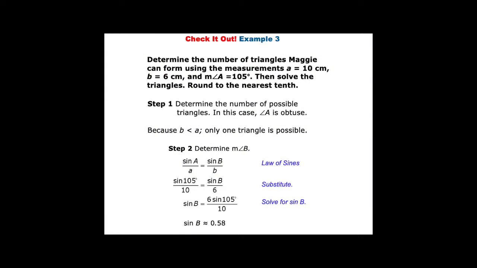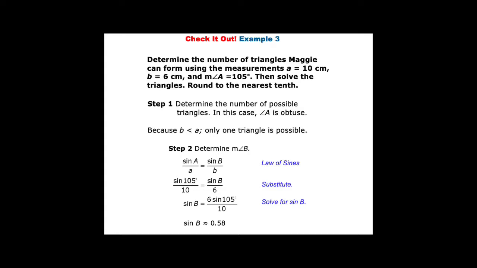Another example, determine the number of triangles that may be formed using the measurements a equals 10, b equals 6, and measure of angle A equals 105. So step 1, determine the number of possible triangles. In this case, angle A is obtuse, and because b is less than a, only one triangle is possible.